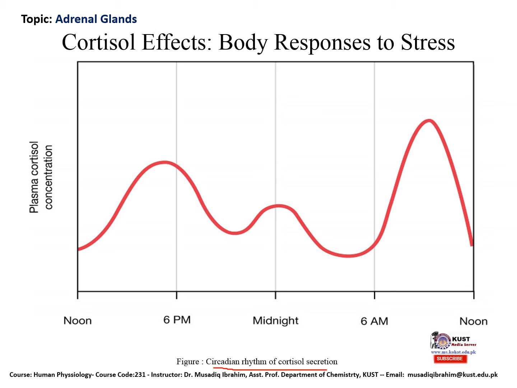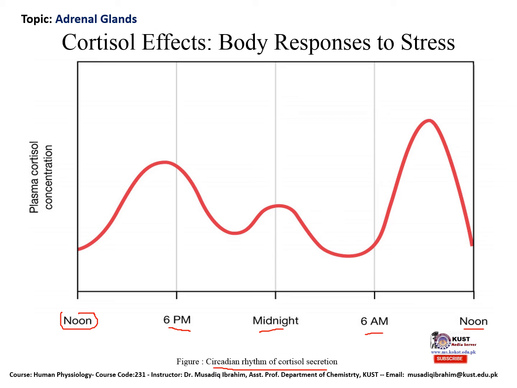So the circadian rhythm relates to the biological processes occurring at a 24-hour interval. So here in this graph you can see that starting from the noon and then up to 6 p.m., then from midnight to the morning of 6 a.m., and then from morning till the noon, which is 12 o'clock.